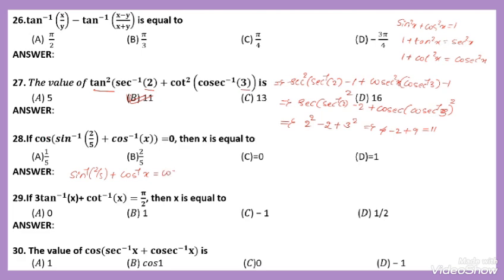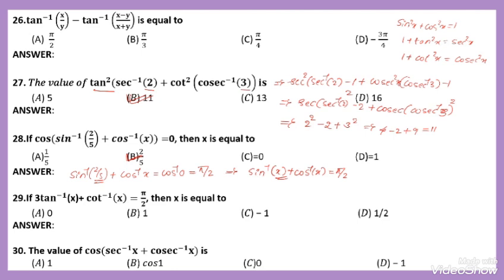It becomes sine inverse of 2 by 5 plus cos inverse of x is equal to cos inverse of 0. What is the value of cos inverse 0? It is pi by 2. I can use the property sine inverse of x plus cos inverse of x is equal to pi by 2. According to this property, comparing the value of x with this angle, it becomes 2 divided by 5. Option B, that is 2 by 5, is the correct answer.